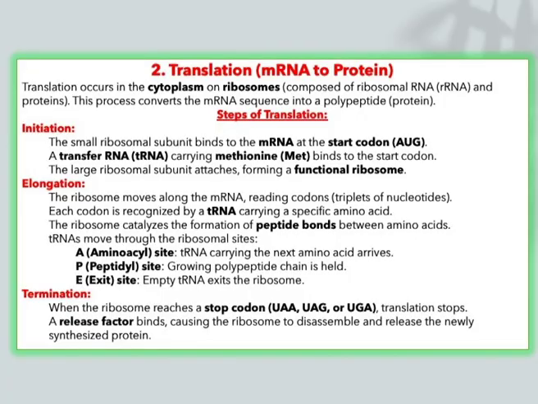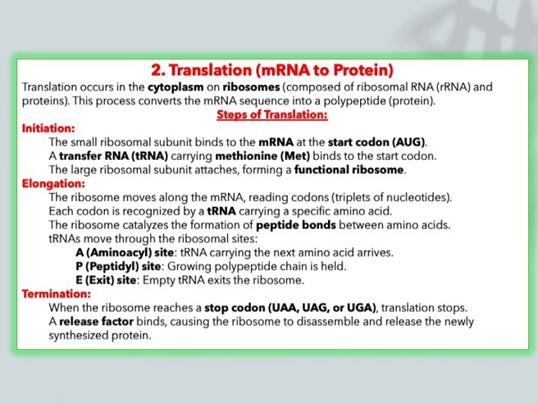The second step of translation is elongation. The ribosome moves along the mRNA reading codons. Remember, our genetic code is a triplet codon. So the triplets of nucleotides are read as codons in the process of elongation.